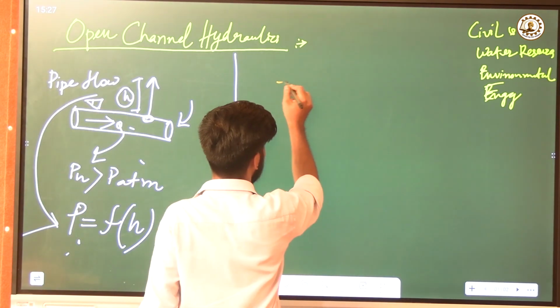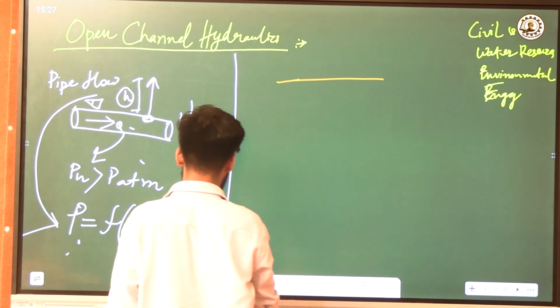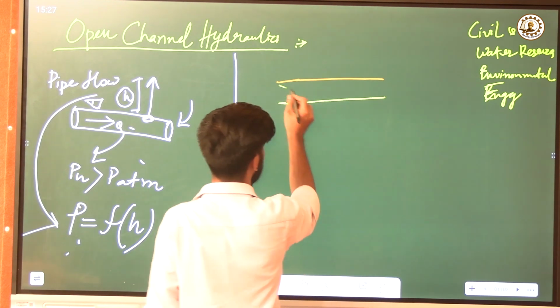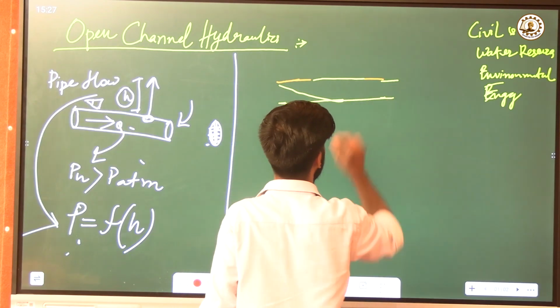In an open channel flow, say this is a river, the water surface of a river.